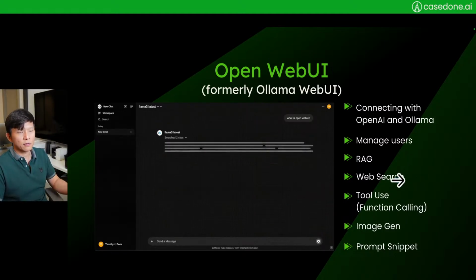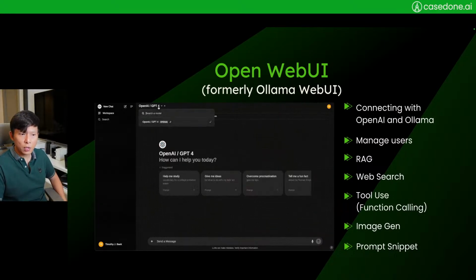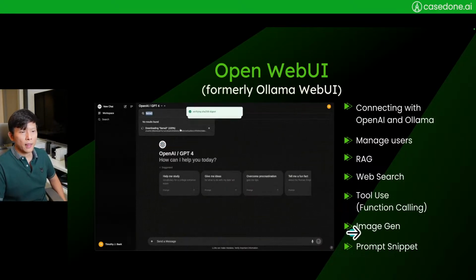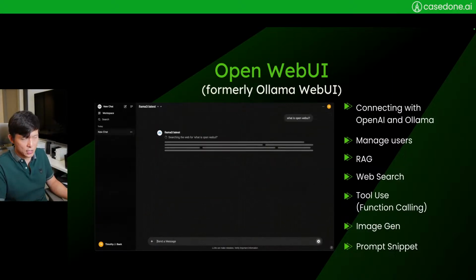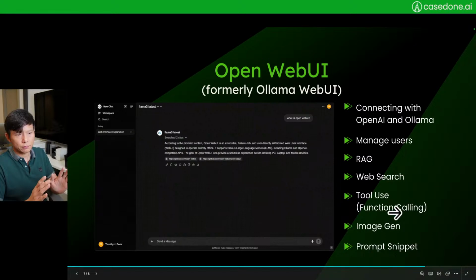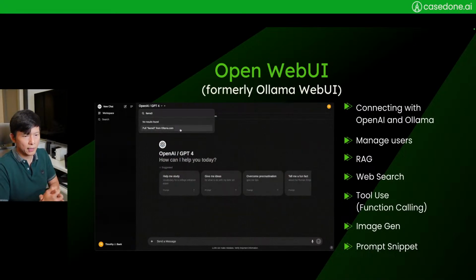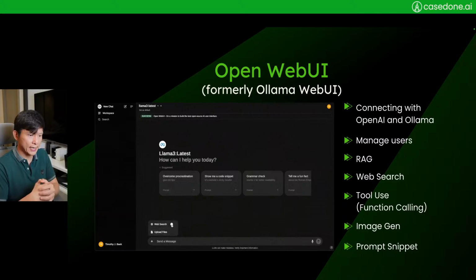They also provide an interface to do tool use or function calling as well. You can also do image generation, like the way you can do it with Gemini or ChatGPT web browser interface. And it provides prompt snippets, pretty much a quick way to retrieve prompt templates.